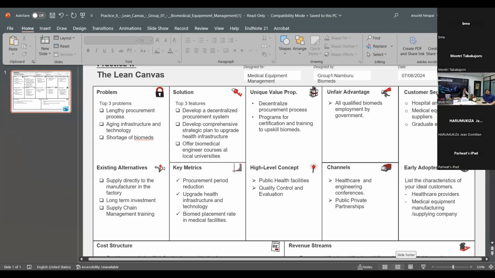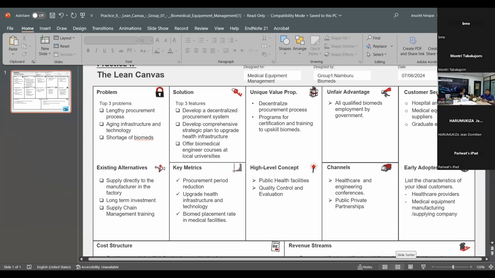There are also some training about supply chain management for all the participants in the procurement, in supplying, to understand what is the job of each one in order to do good procurement of medical equipment.